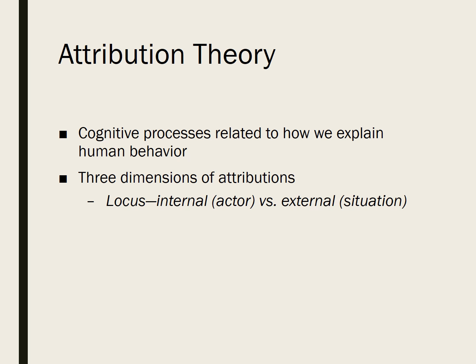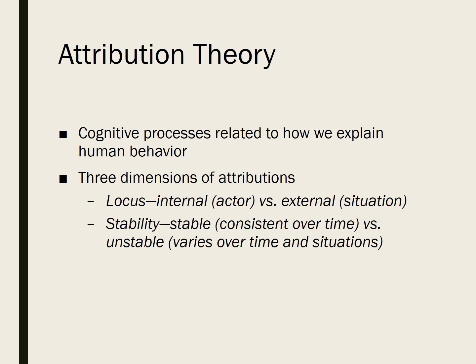On the other hand, an external explanation is if you use as an excuse, my alarm didn't go off, or I had a flat when I was coming to town to take the test. That would be associated with something beyond the actor, due to the situation, not to the individual. In the first example I gave, it's more due to the individual.